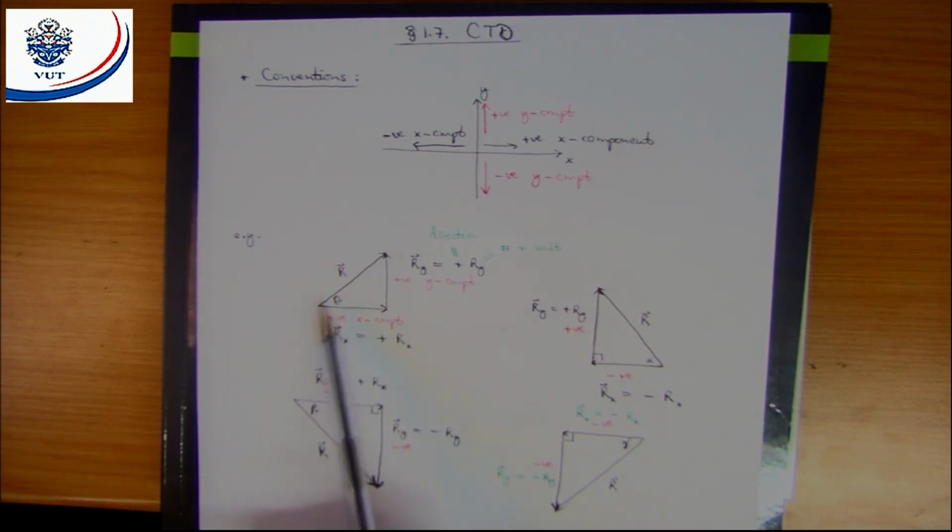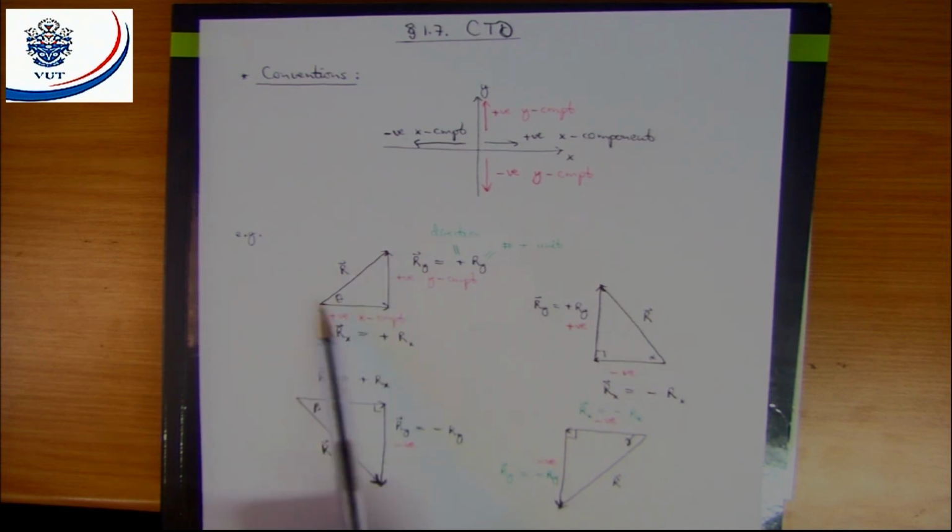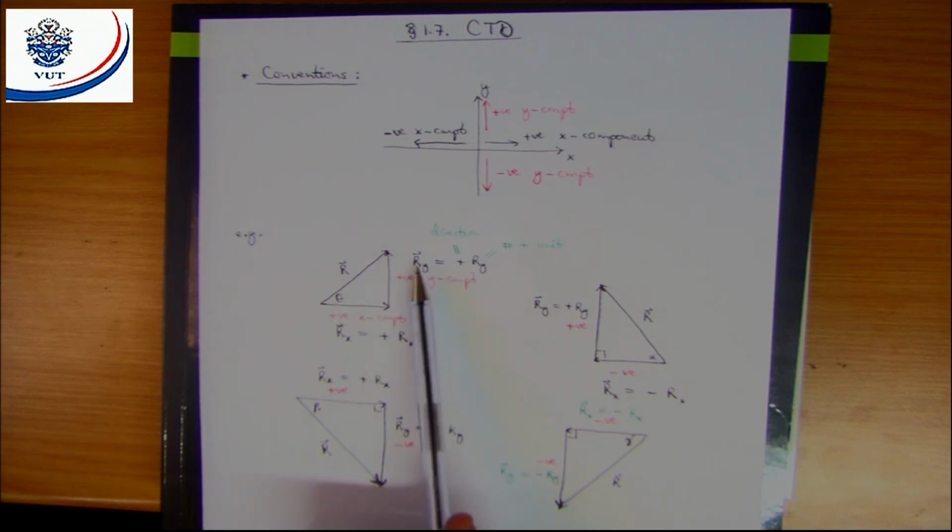Most of the time, if you have a vector, they'll give you the angle that it forms, either with respect to the x-axis or the y-axis, and they'll give you the magnitude of the vector that they've drawn, and you need to find the x component and the y component using trigonometry.